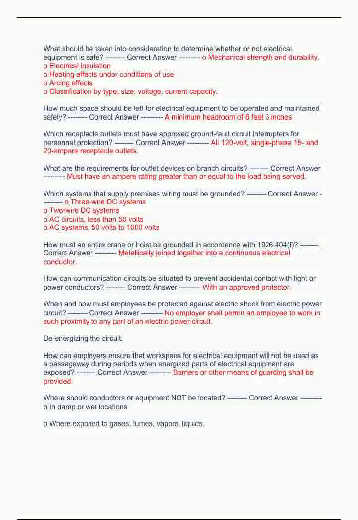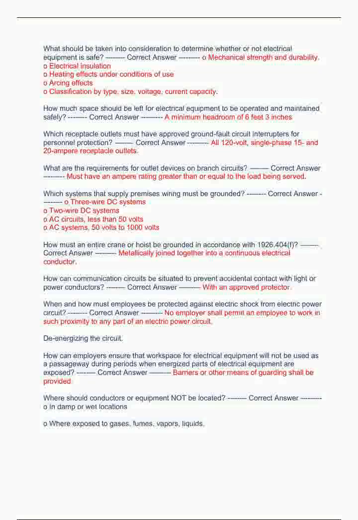When and how must employees be protected against electric shock from electric power circuits? Correct answer: no employer shall permit an employee to work in such proximity to any part of an electric power circuit. De-energizing the circuit. How can employers ensure that workspace for electrical equipment will not be used as a passageway during periods when energized parts of electrical equipment are exposed?